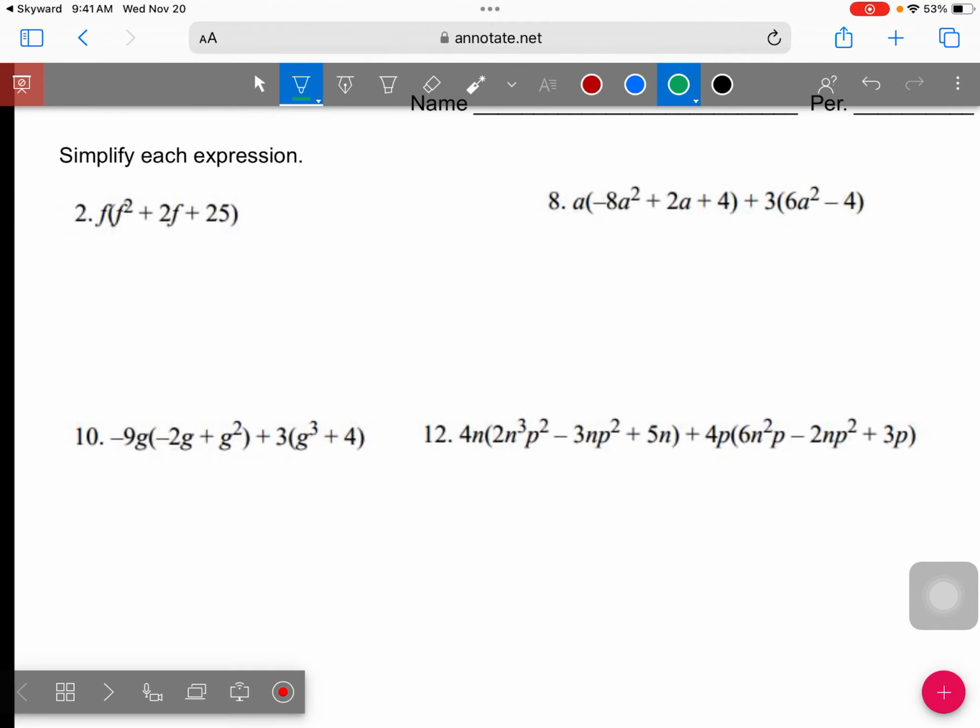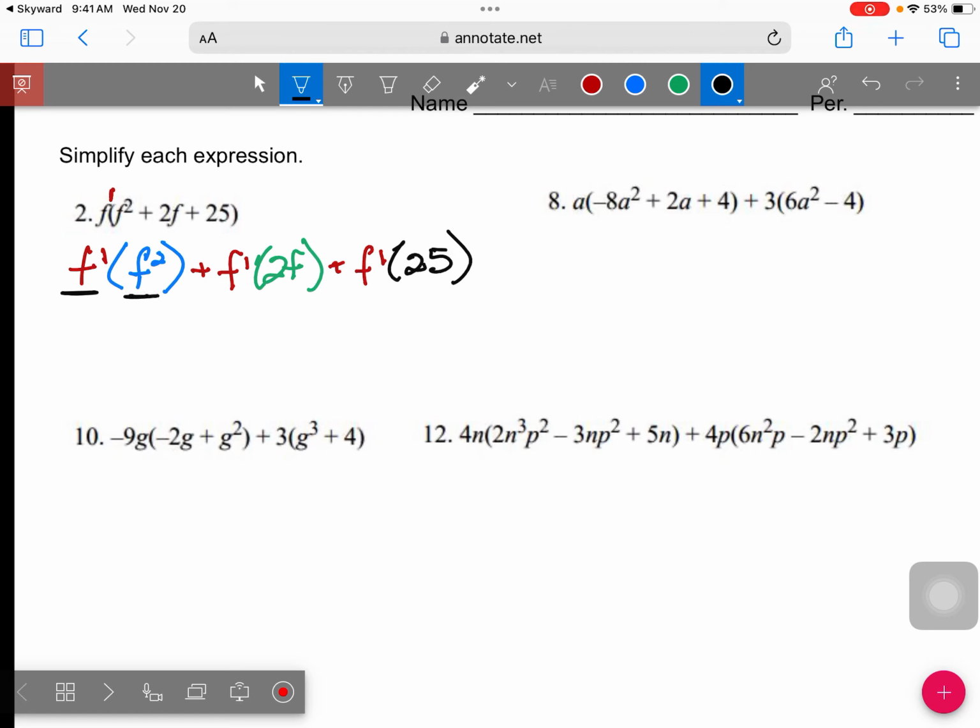So when you multiply, right here, this is f to the first. So this would be f to the first times the first term inside, f squared, plus f to the first times 2f and f to the first times 25. So you have two powers that have the same base.